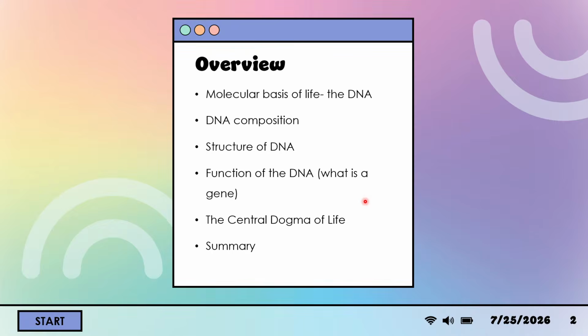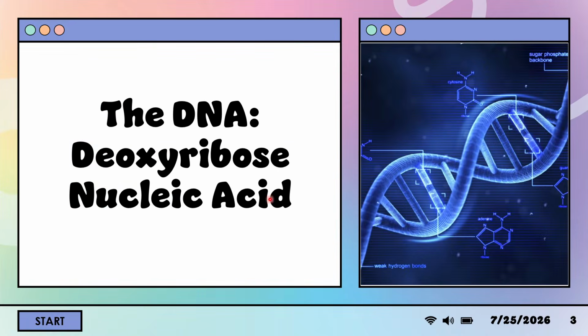All right. So the DNA, as we all know, stands for deoxyribose nucleic acid. It is the foundation behind our existence, and it has existed long before we existed as humans.